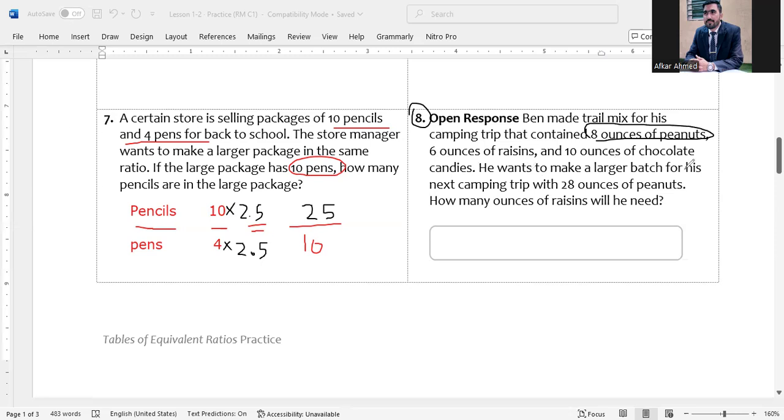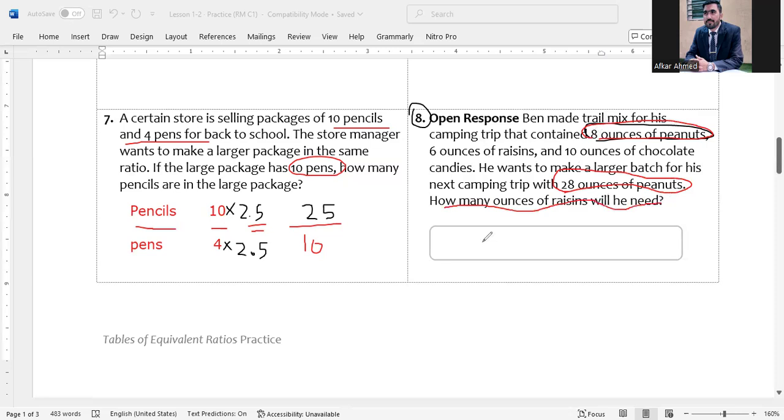He wants to make a large batch for his next camping trip with 28 ounces of peanuts. He is asking how many ounces of raisins he will need.